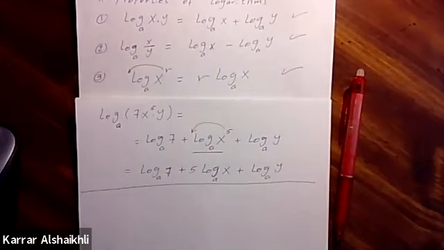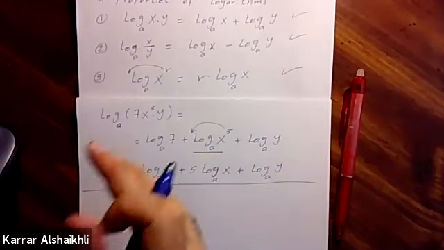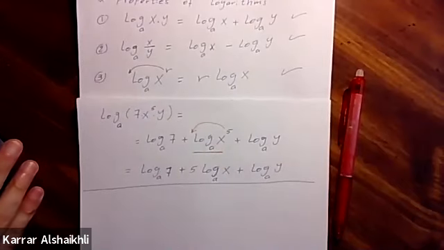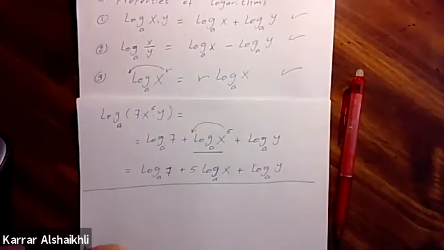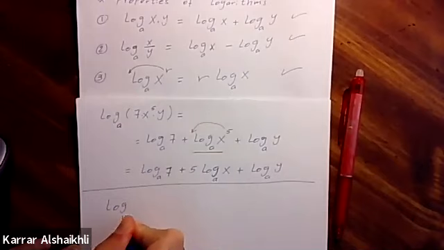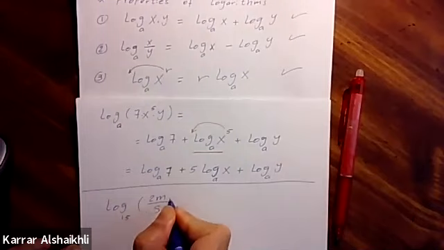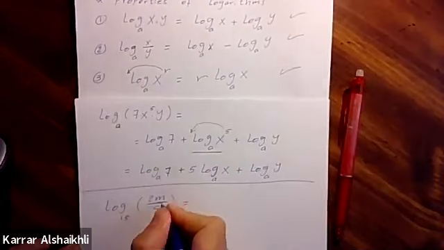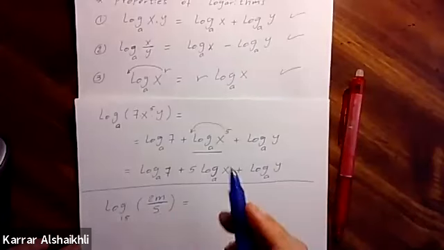So they're going to ask you to simplify this one, and you have to use these 3 rules. Let's do another example. If you have log to the base 15 of 2m over s, now we have division between the numbers, so I'm going to use the second rule.